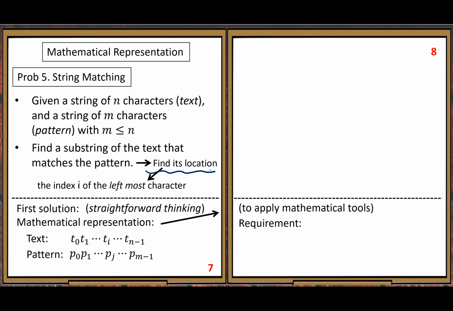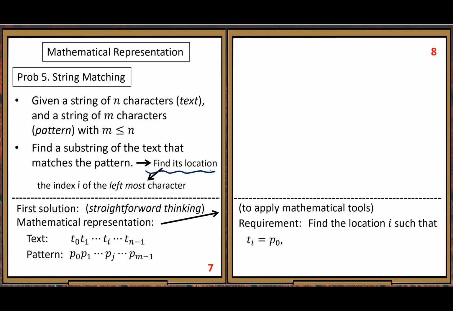All right. Requirement: find the location. What do you mean, find the location? Find the location I. So let's describe a typical matching case, a substring matching case.